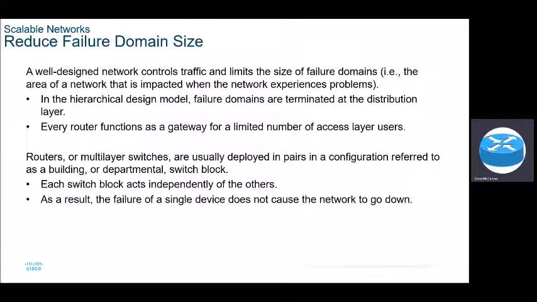In the hierarchical design model, failure domains are terminated at the distribution layer. Every router functions as a gateway for a limited number of access layer users. Routers and multi-layer switches are usually deployed in pairs in a configuration referred to as a building or departmental switch block. Each switch block acts independently of the others. As a result, the failure of a single device does not cause the network to go down.